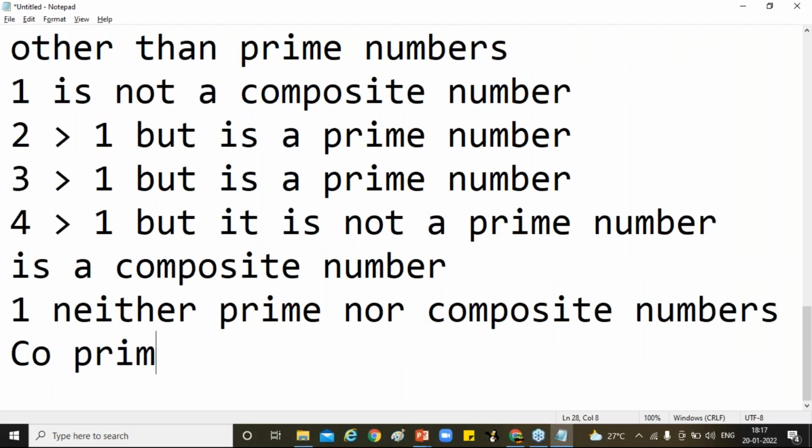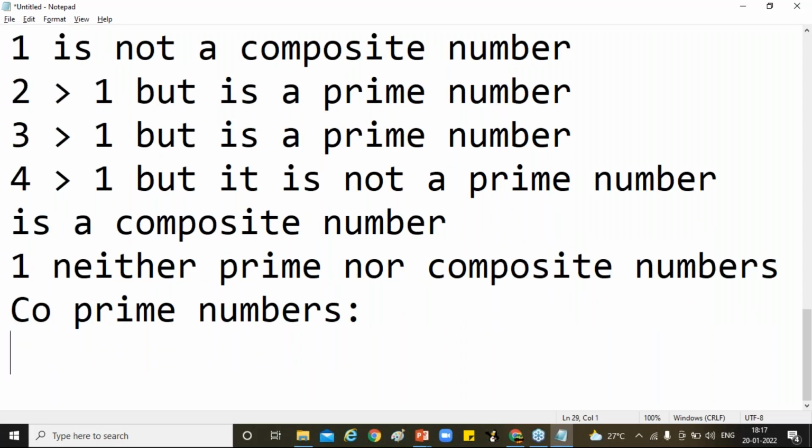And most important one, co-prime numbers, for the AMCAT exam, most important for Cognizant, for Wipro, for Emphasis. There is a possibility to ask at least one question from co-prime numbers. Co-prime numbers are nothing but a pair.